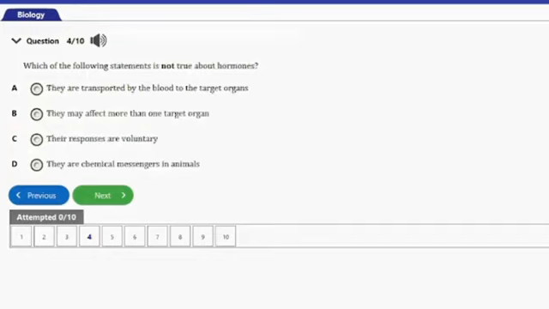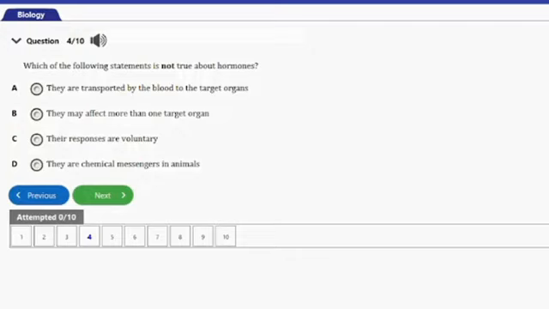Question number 4 here. It says, which of the following statements is not true about hormones? A, they are transported by the blood to the target organs. B, they may affect more than one target organ. C, their responses are voluntary. D, they are chemical messengers in animals.